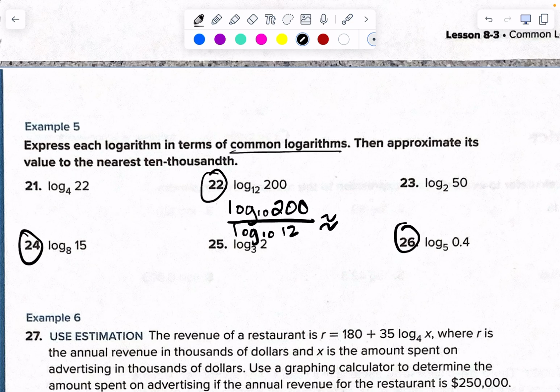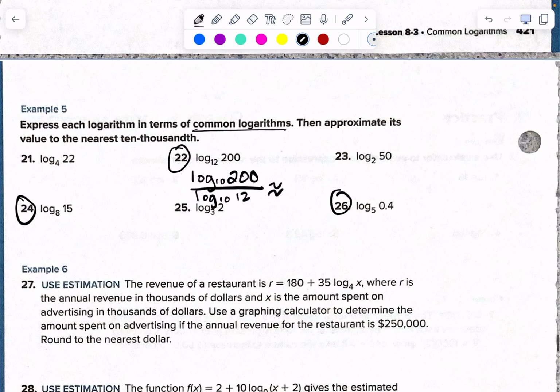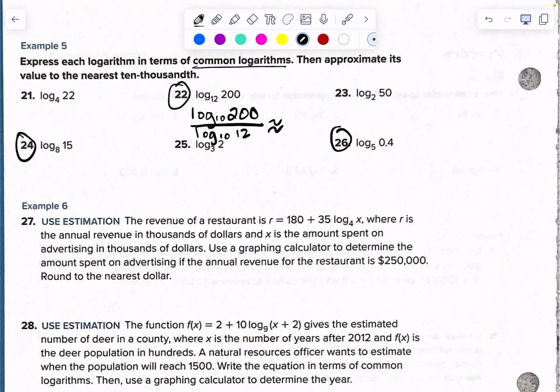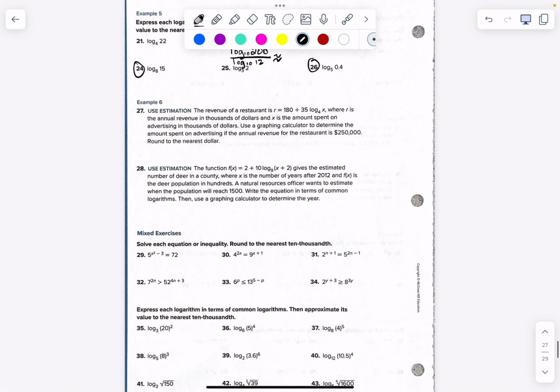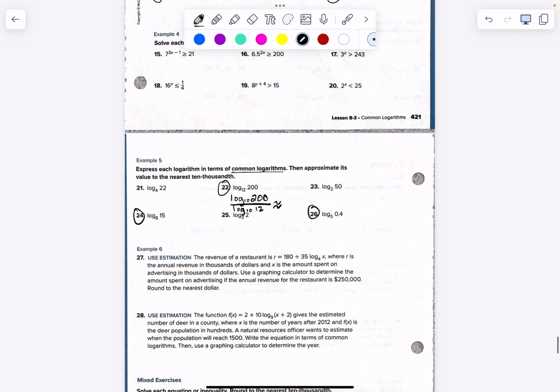If you don't, it's wrong. This is expressing it in terms of a common log, then finding the answer. You have to do both. Do you actually have to write 10 though? No, you don't. Good question. You could put log of 200 over log of 12. That's fine. Yes, I agree. That is fine.